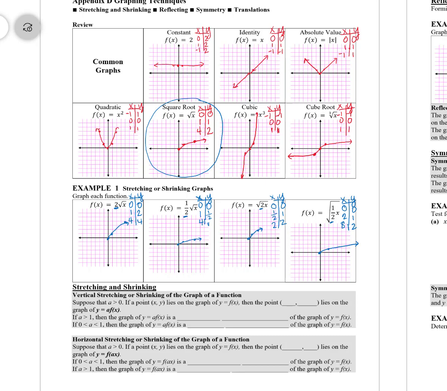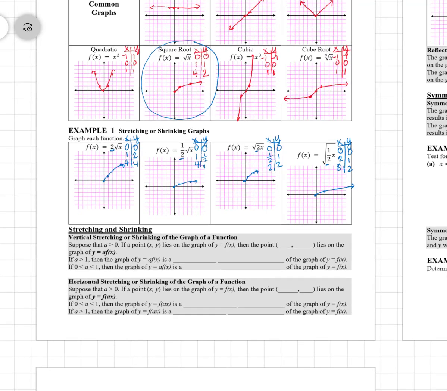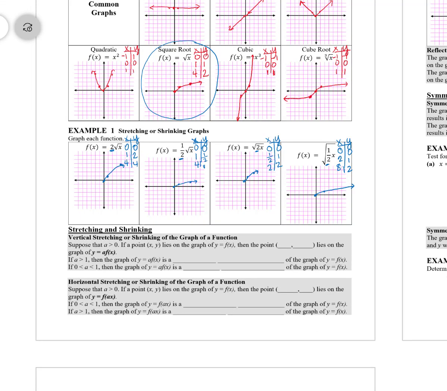So let's look at what happens in general for stretching and shrinking. Suppose that we have a function y equals a times f of x. So if a is greater than 0, if there's a point x, y that lies on the graph, then the point x, ay lies on the graph of y equals a times f of x.